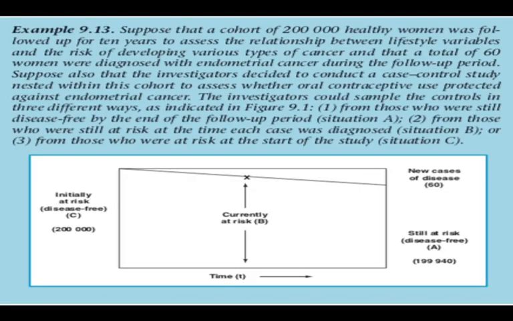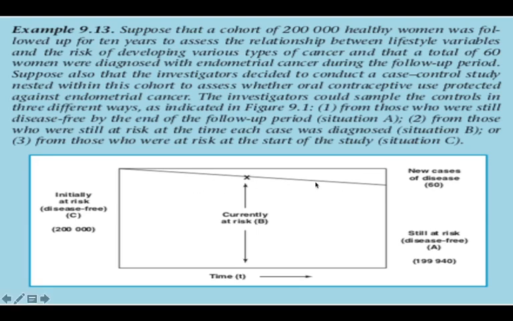Now this is an interesting example. Suppose we begin our study from the time point at the leftmost side, which says initially at risk, disease free. Say we have 200,000 healthy women, and they are followed up for 10 years to assess the relationship of lifestyle variables with the development of various types of cancers.